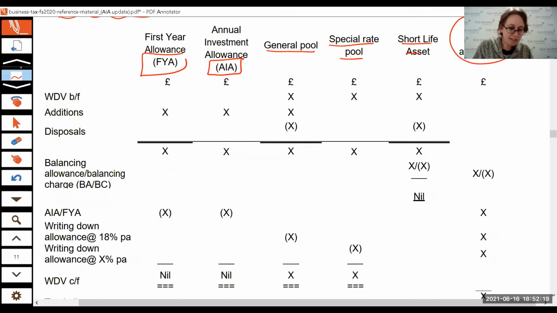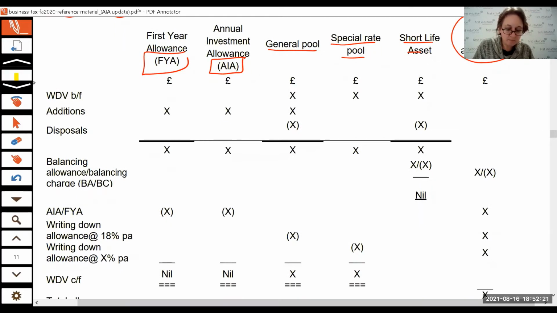We'd always generally start with a value brought forward. We would add things on, and I'm going to split my additions into categories. I'm going to have additions that qualify for a first year allowance or an annual investment allowance, and then I'm going to have additions that don't. I would split that into categories. If I've got any disposals, then I need to deal with those as well.